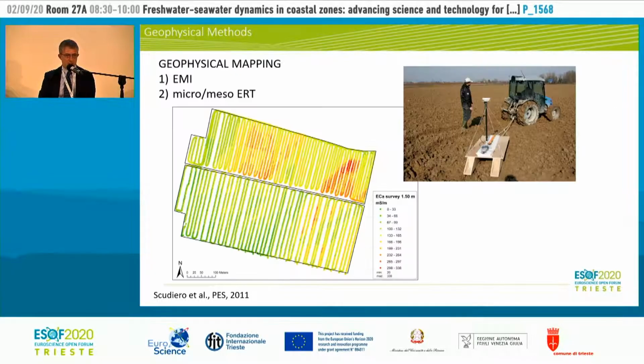So mapping this is interesting in terms of groundwater and agricultural production. Here you see a map produced by, again, an electroconductivity meter, which is the one in the picture. The scale here is again a few hundred meters, but the measurements can be run very quickly.